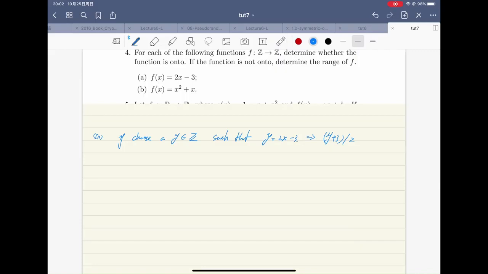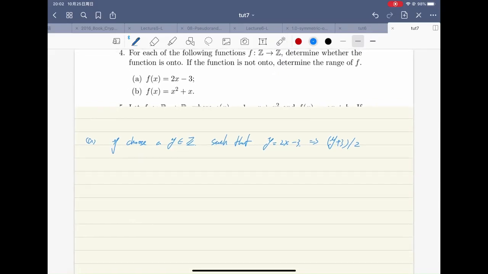Does this expression belong to the integers? We say not, right? Because if y is an even number, then the relation does not hold.